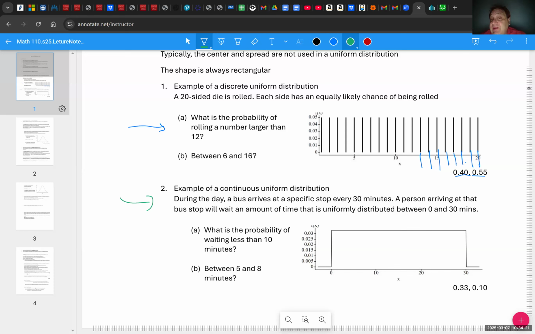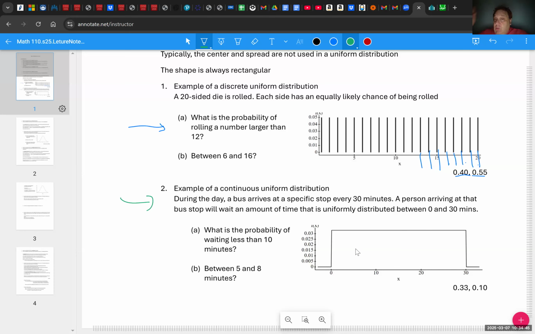This is an example of a continuous uniform distribution because it's not that you're just going to wait 1 minute or 2 minutes or 3 minutes. You could wait 1.5 minutes or 2.7 minutes, or a whole bunch of minutes and seconds that you could possibly wait, not just individual discrete values, but a uniform continuity of values between 0 and 30.